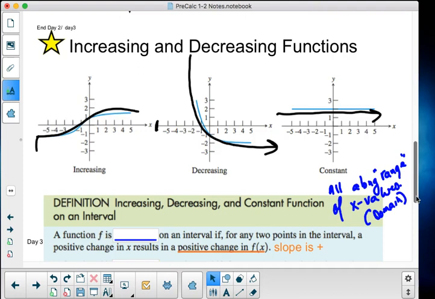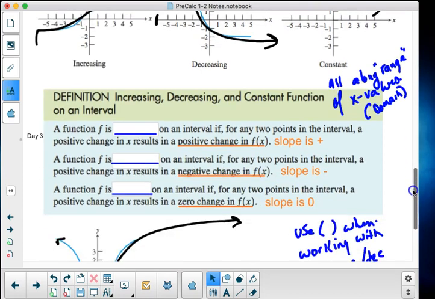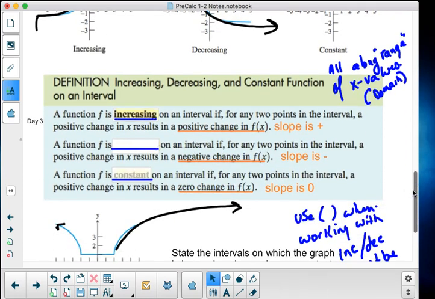Increasing and decreasing goes from negative infinity along the x-axis to infinity. Okay? We won't be talking about the range for increasing, decreasing. It's just along the domain, is it increasing or decreasing? Because we go from left to right. Okay? Now, we talked about those. I want to make sure you get that covered.